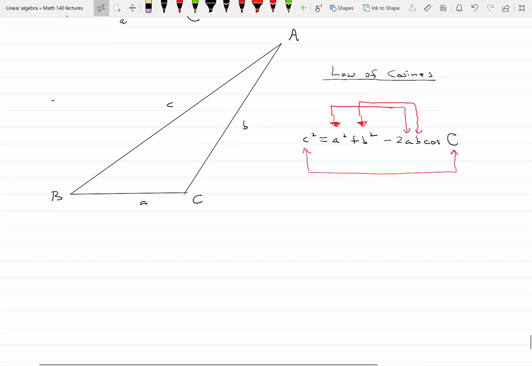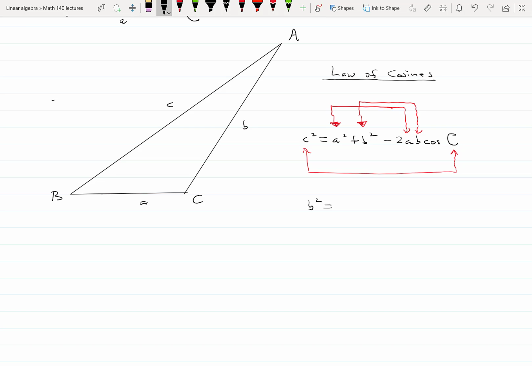If you didn't notice a pattern, I think you're going to when I show you the other two versions of the law of cosines. There are two other versions. One of them is going to start with b squared on the left. What do you suppose the form of the law of cosines that starts with b squared on the left ends with on the right-hand side?